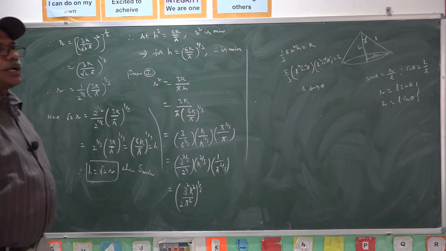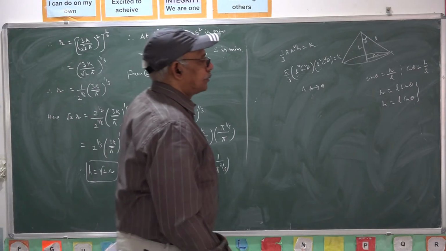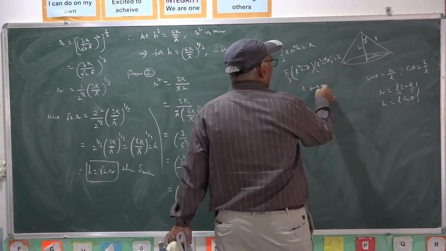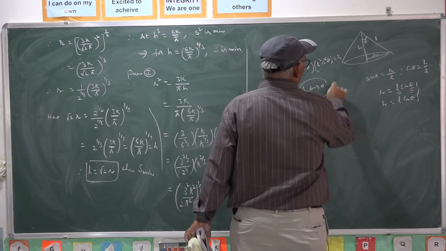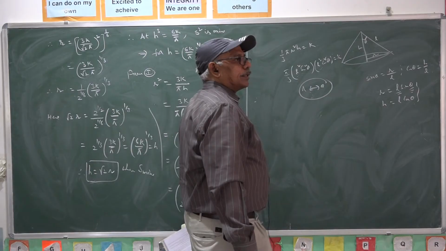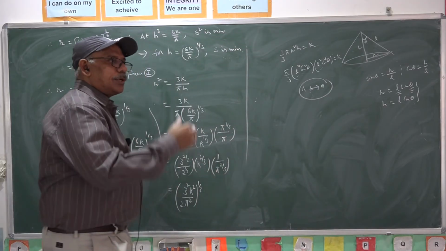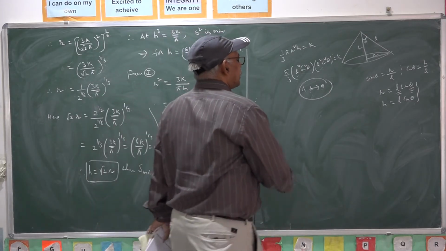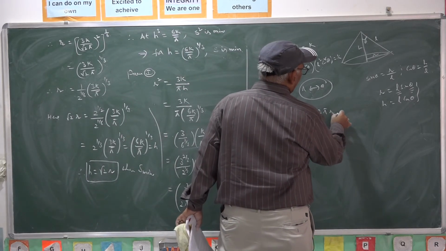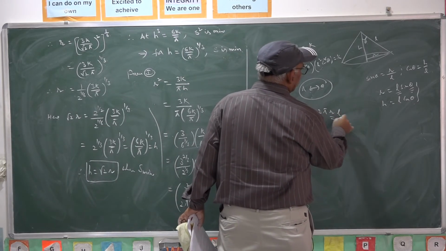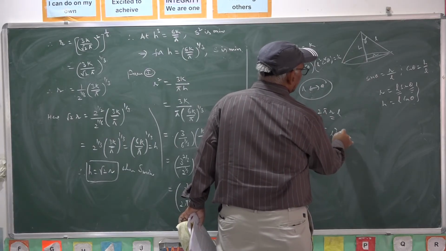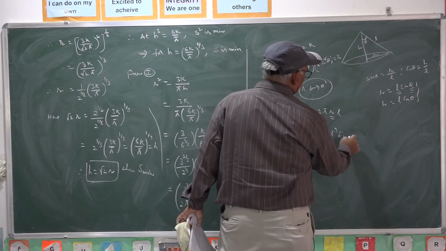Instead of taking R and H, you can take L and theta as variables. Find a relation from the volume of the cone, a relation between L and theta. Based on that relation, you have to minimize the curved surface area. Here the curved surface area is clearly 2 pi r L. Here R is L sin theta. So 2 pi L square sin theta.